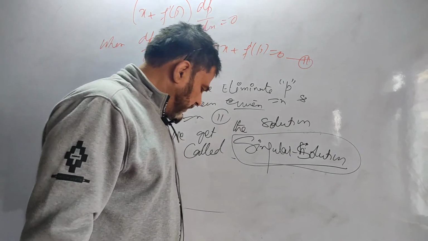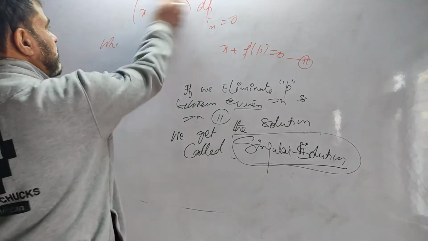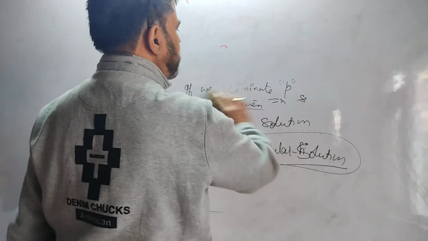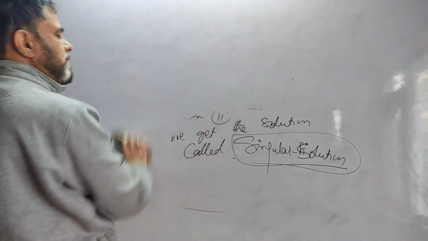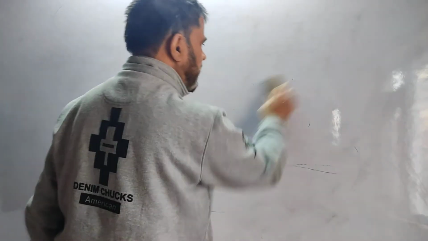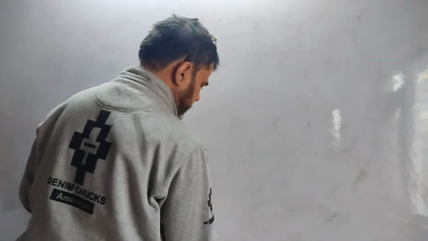Let us now go ahead. I will discuss with you some applications. Suppose I take an application from this book. It is y is equal to px plus a by p.